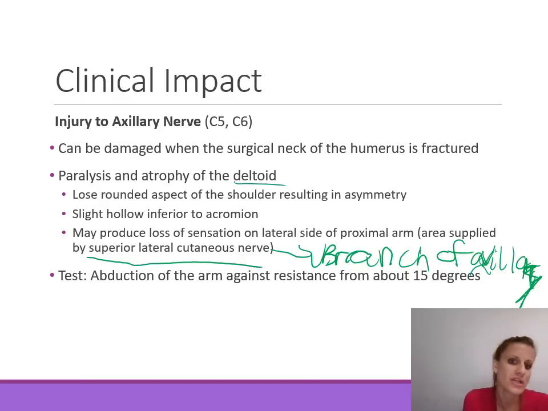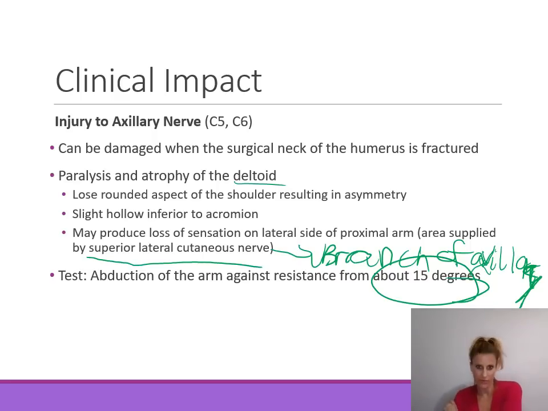To test for injury to the axillary nerve, you can have a patient abduct their arm against resistance, starting at about 15 degrees. So raise the arm up against resistance, and they will not be able to do it if the axillary nerve has been damaged.